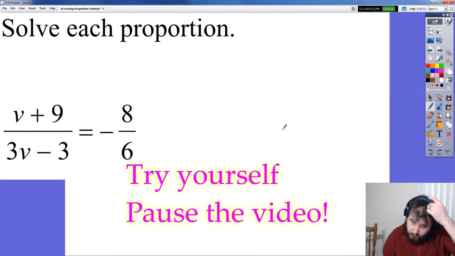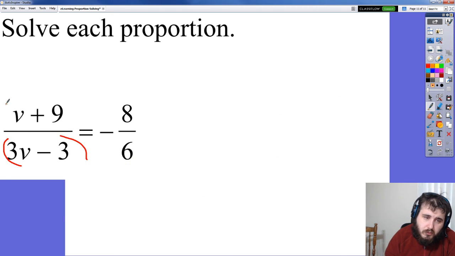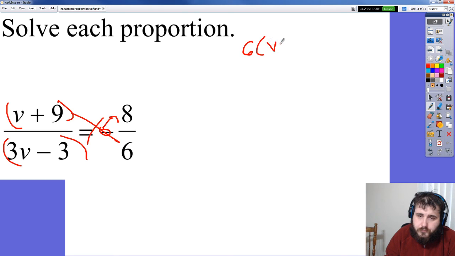So now let's do this last one. Go ahead and do this one yourself. See if you can do it. Okay, so once again, I'm gonna cross multiply here. Make sure that my negative sign is up. And distribute.